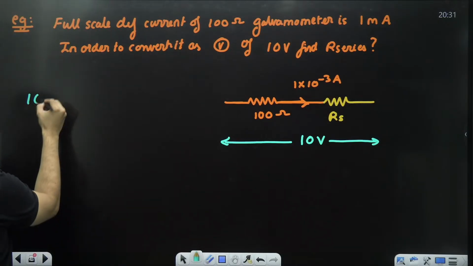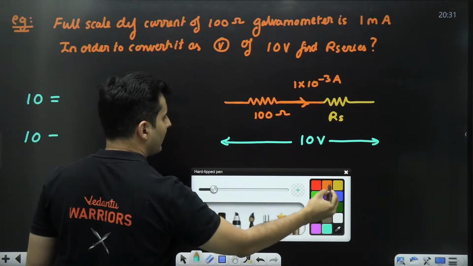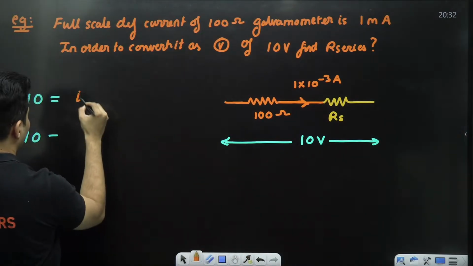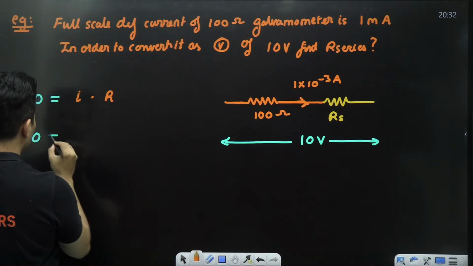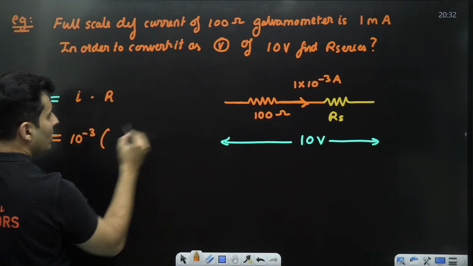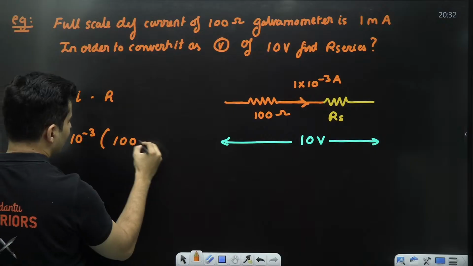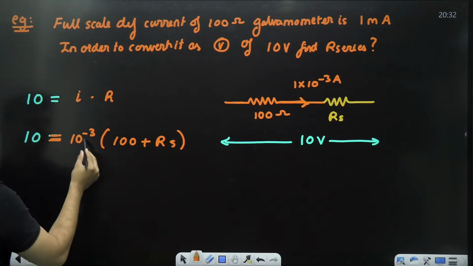So now I know voltage is nothing but your current multiplied by the resistance. V is IR. So what will be the current? Current is 10 to the power minus 3. What is the resistance? Both are in series. So 100 plus RS. This goes over here.